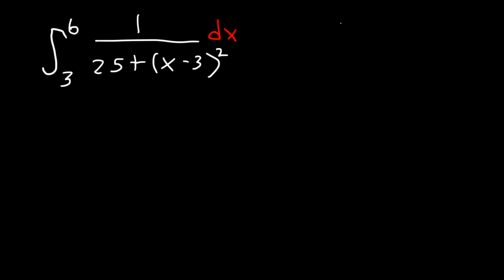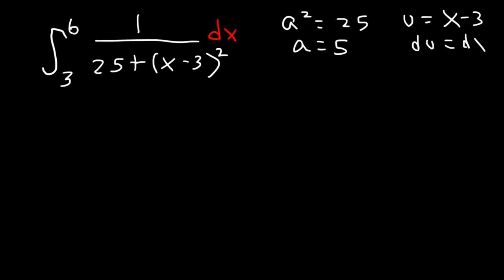We can clearly see that a squared is 25, which means a is 5. And u has to be x minus 3, which means du is equal to dx. So let's replace 25 with a squared and x minus 3 squared with u squared, and dx with du.